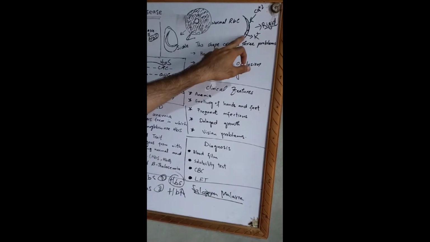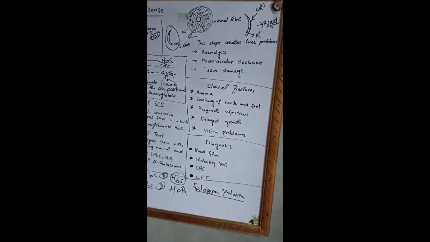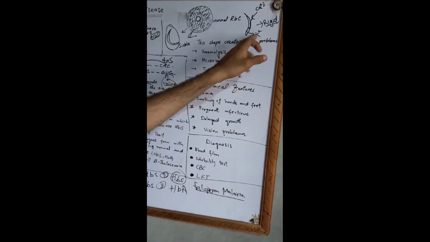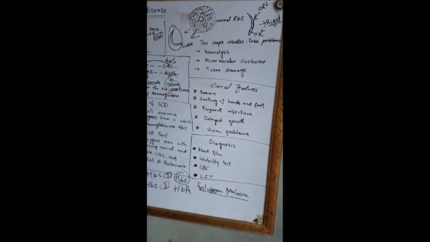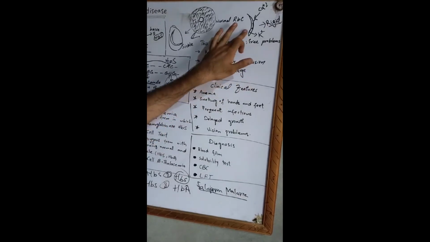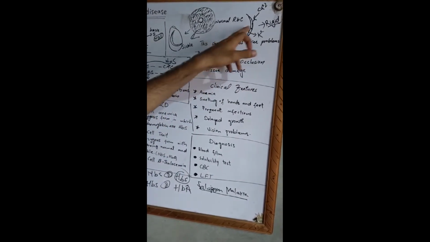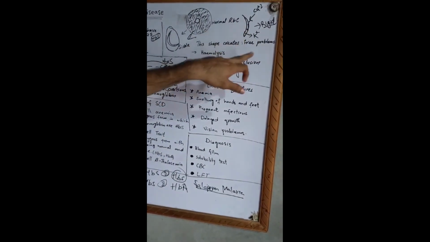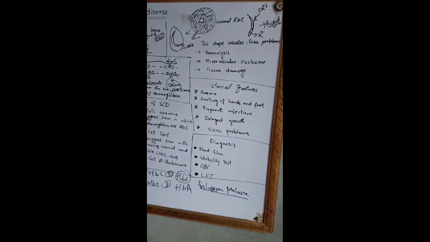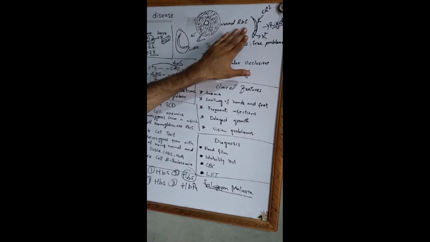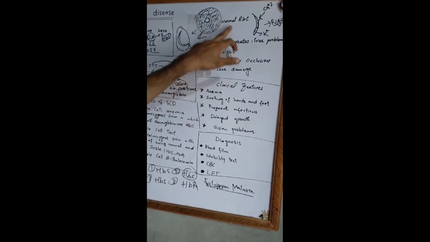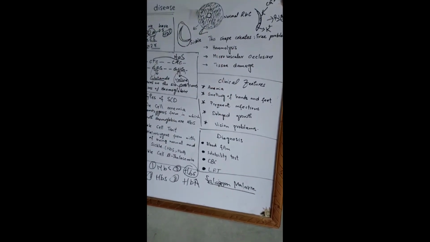Due to this, some ion channels will open, and potassium ions will efflux out of the cell. So the cell becomes more viscous and more rigid. When it circulates in the vessels, it will be rigid and will get stuck in the blood vessels, so there will be hemolysis.